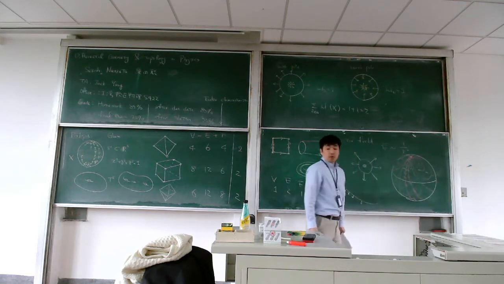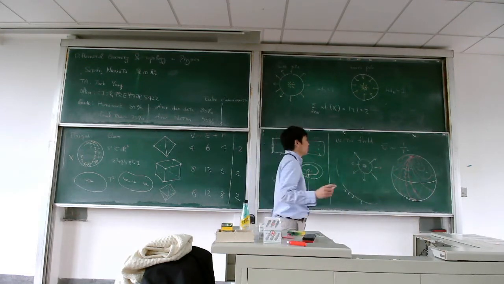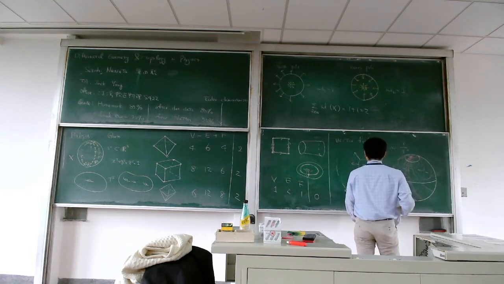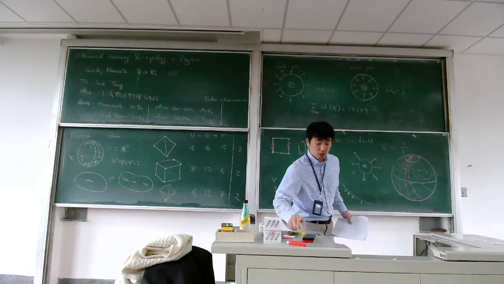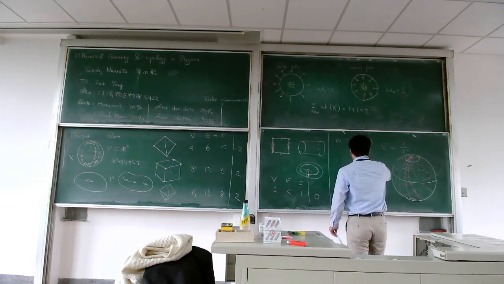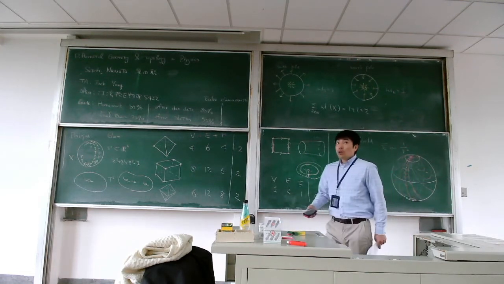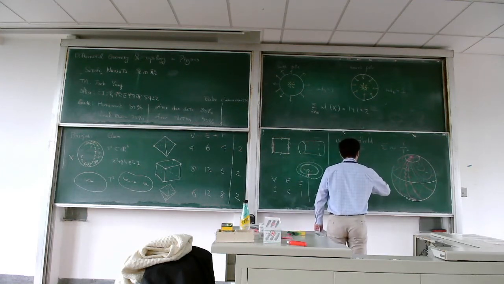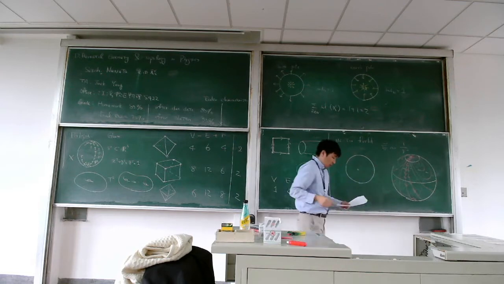And then, if you look at the neighborhood of the North Pole, let me erase this one. There's a North Pole, and you draw a circle.